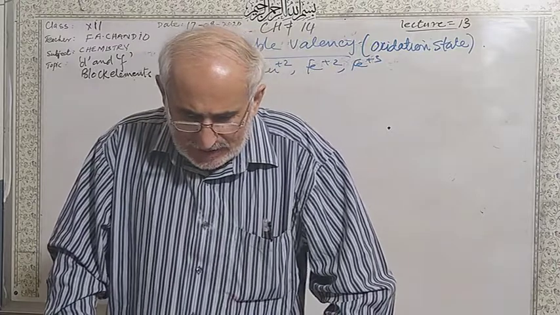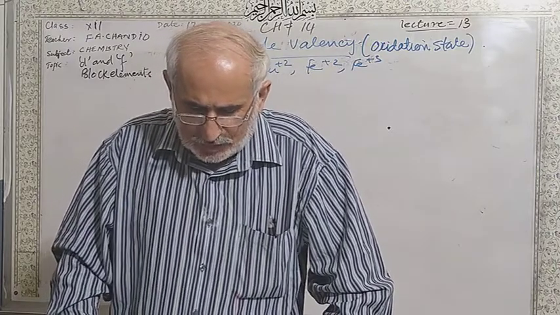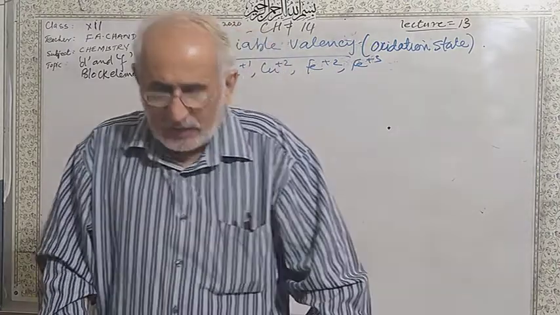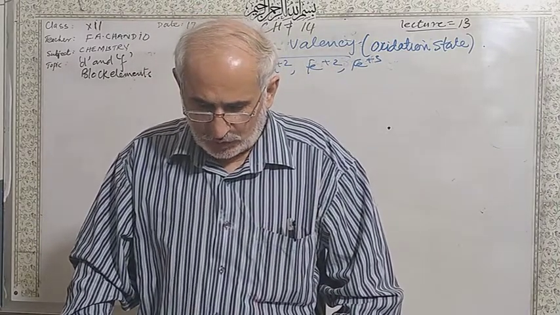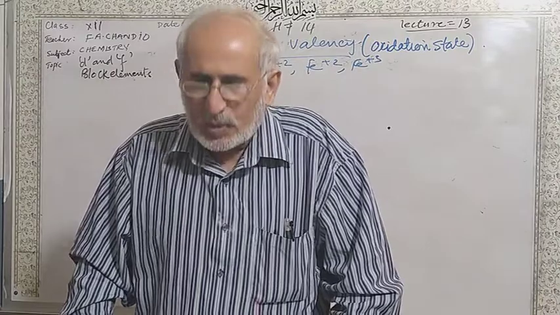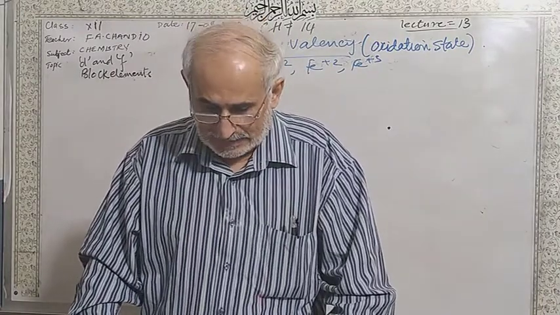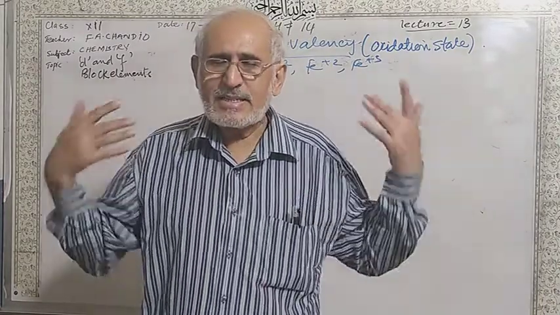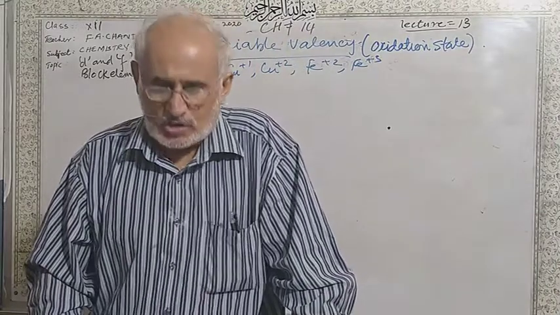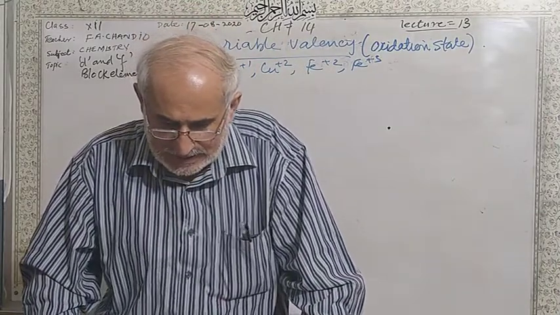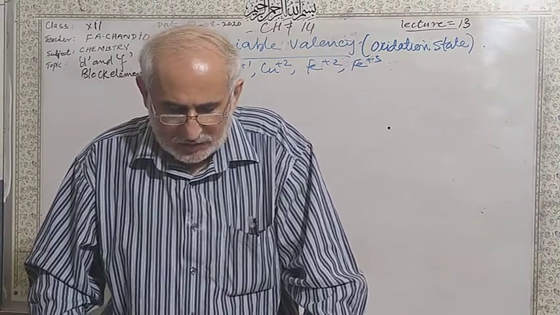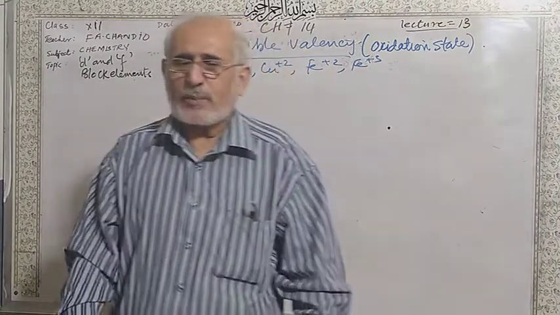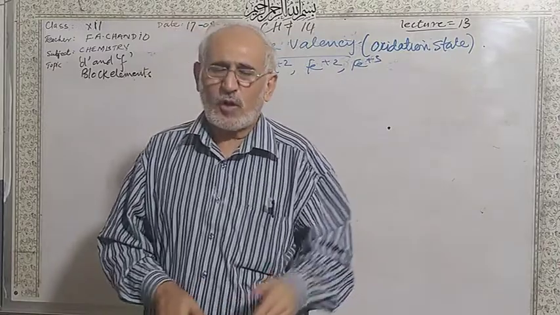All 3d series elements show an oxidation state of +2, in addition to higher oxidation states, when the electrons of the 4s orbital take part in the binding. Why do these elements show variable oxidation states? Because they have d electrons in addition to s electrons for the purpose of bond formation.